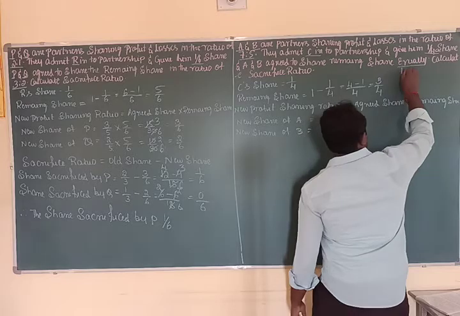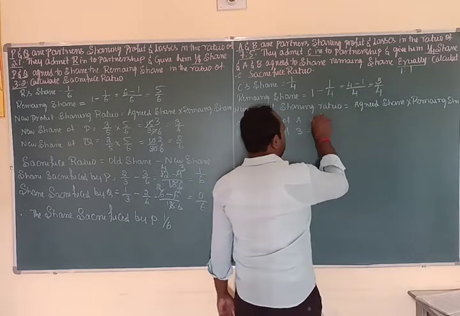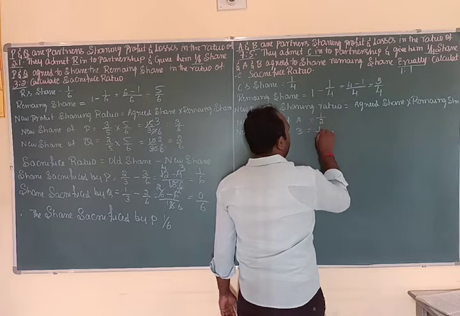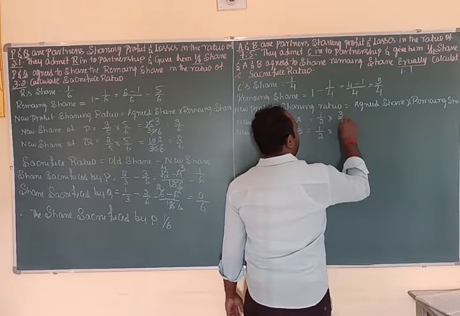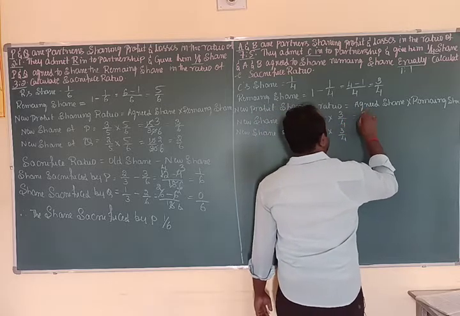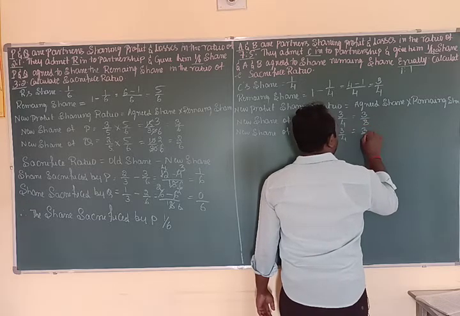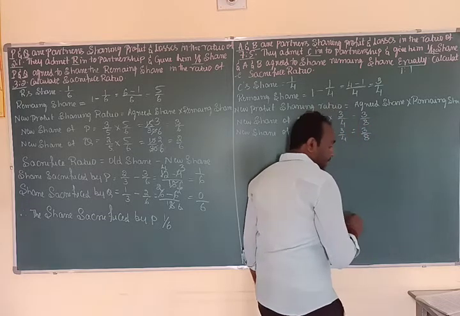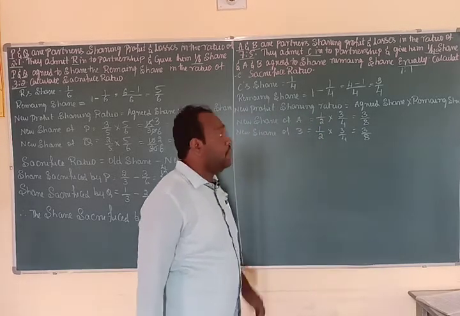So 1/2 into remaining share 3/4. 3 ones are 3, 4 twos are 8. Here we get 3/8 equally, 3/8, 3/8.